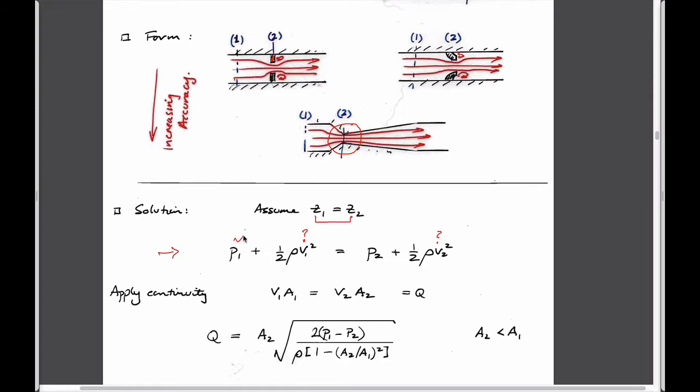But we do know what the pressures are because we want to measure them. We can either measure them with pressure transducers at the orifice and upstream or downstream of the orifice and subtract those pressures from each other, or we can measure it as they suggested in that little movie clip, with a differential pressure transducer, which measures very accurately the differences in pressures but doesn't measure the absolute pressure.